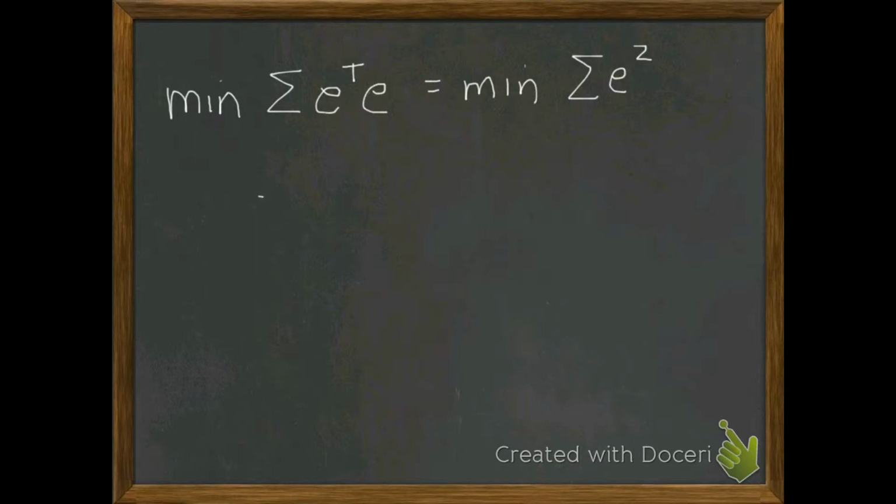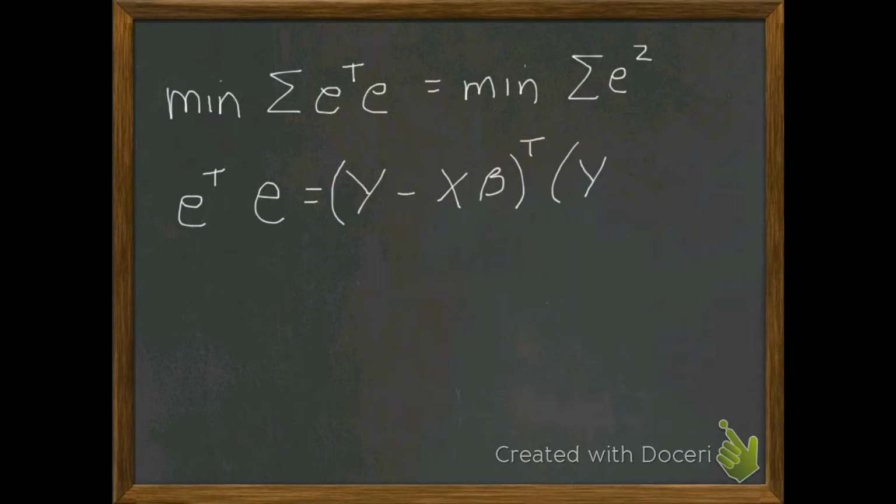So essentially guys, when we have E equals y minus xb, we're going to multiply this side times its transpose.